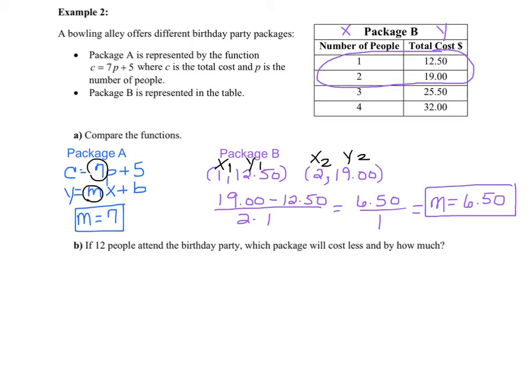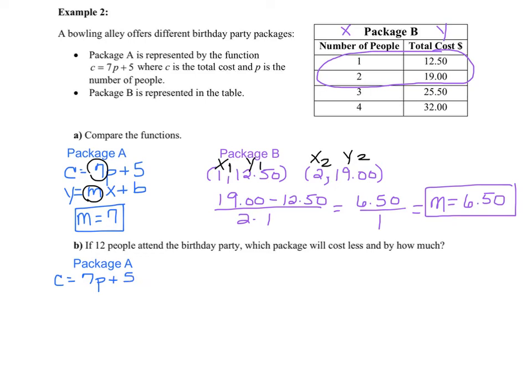So now let's look at part B after we find our rates of change. If 12 people attend the birthday party, which package will cost less and by how much? So let's first calculate package A. For package A, we're going to use our equation C equals 7p plus 5.